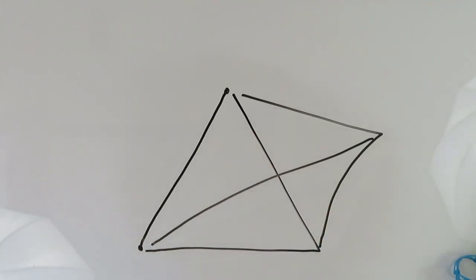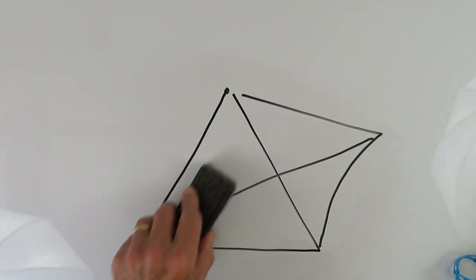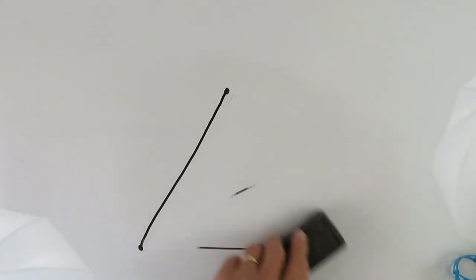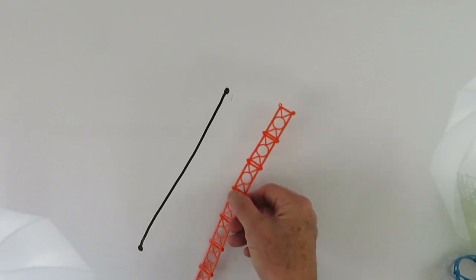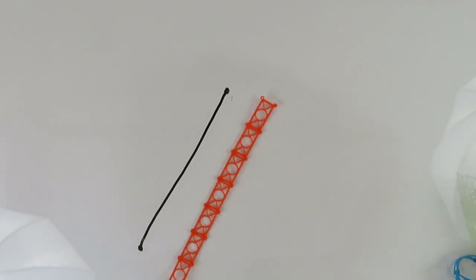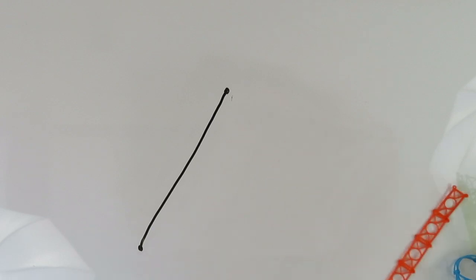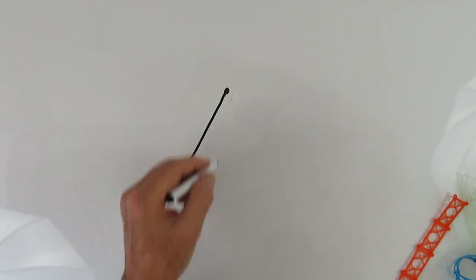But let's just go back to the single edge here and ask, well, how could we re-represent this? So if the representation of the single edge is something like this in the rapid prototyping tool, my Knupffelis that I use, what could we do that would make a more complex system, or a system that is capable of more complexity?